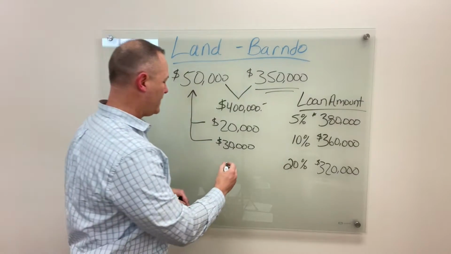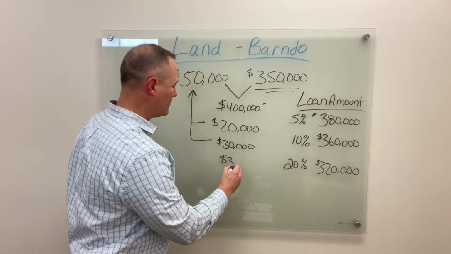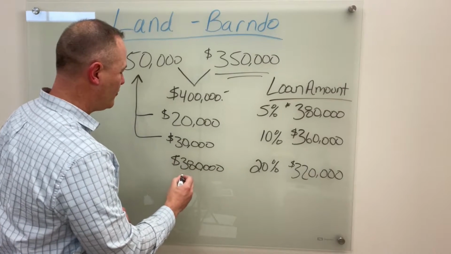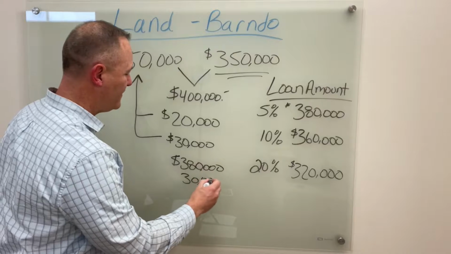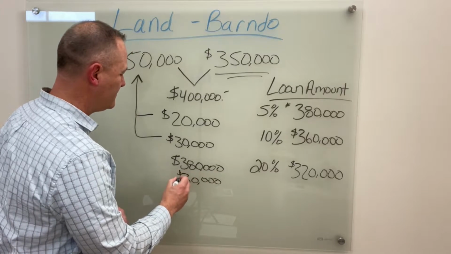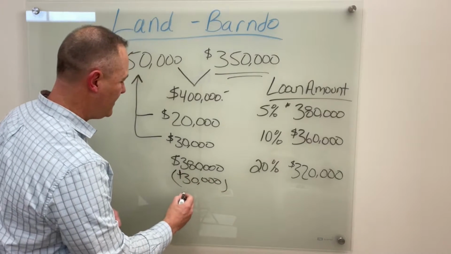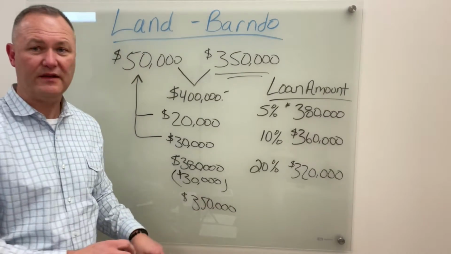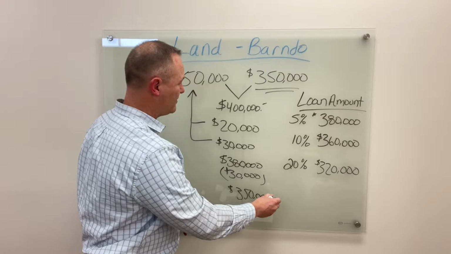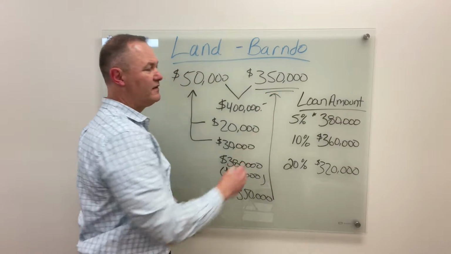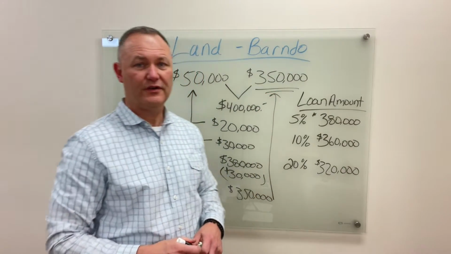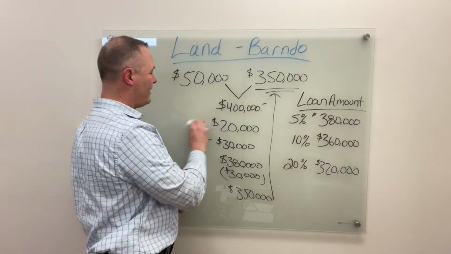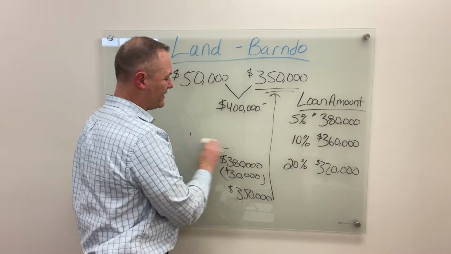Now, again, if you think about this, if we say that your construction loan was $380,000 and you just drew $30,000 off of it to go with your cash, you can see here the balance of your construction loan is $350,000. That's exactly the dollar amount that you need up here to pay for the balance of your construction. Okay? So I hope that helps with that piece of it, so you can kind of see what that looks like.